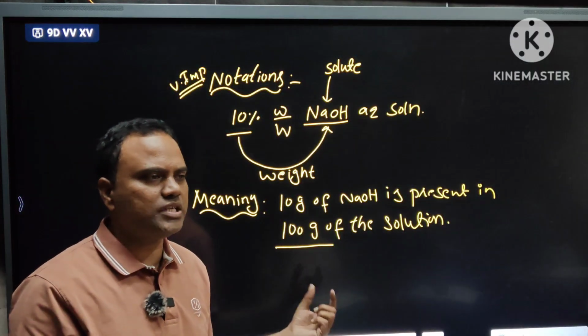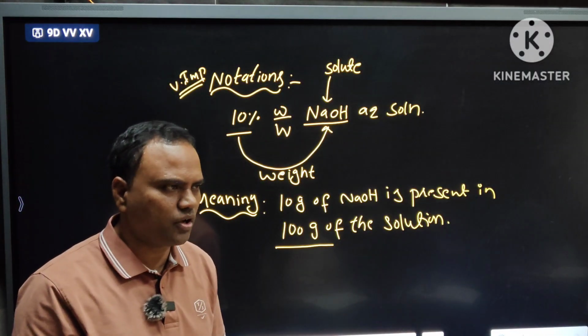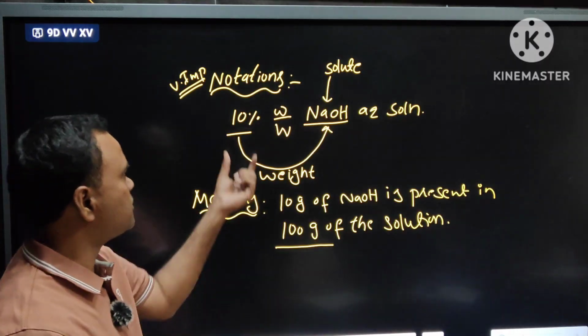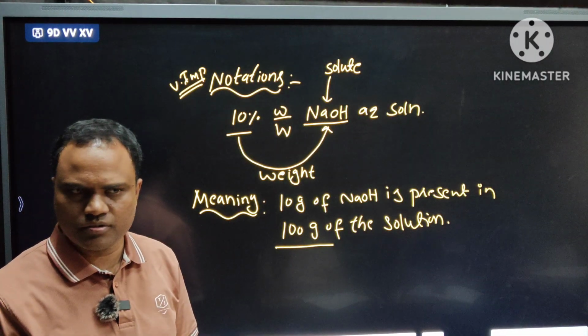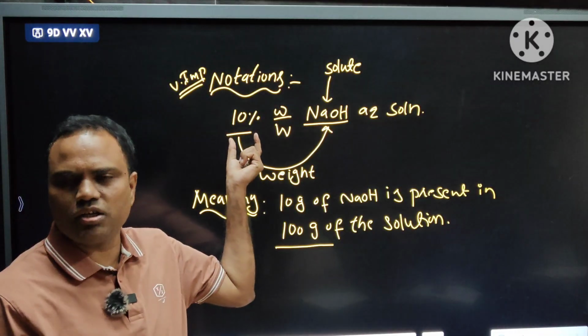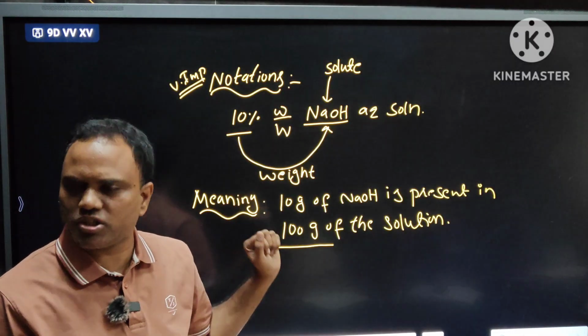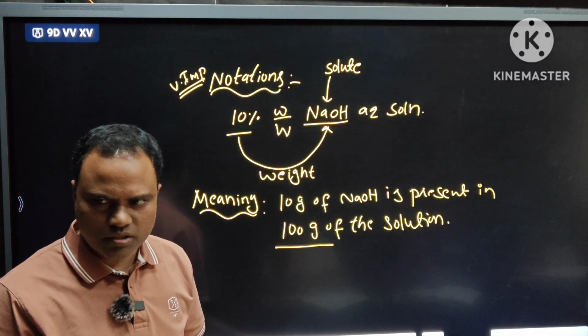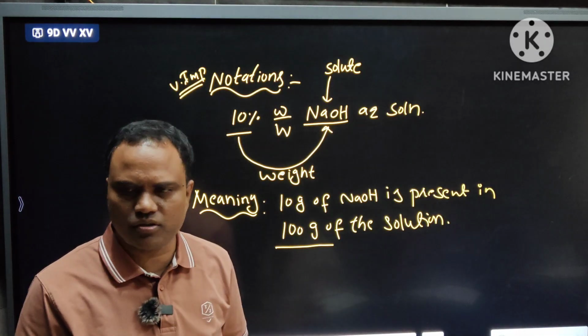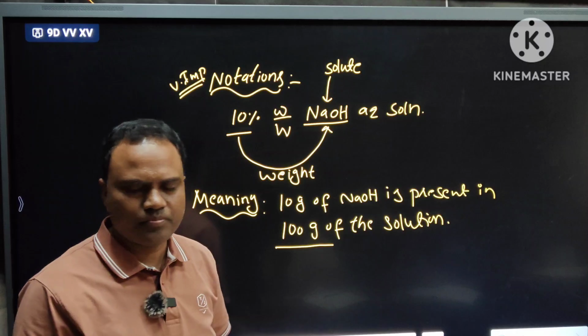The statement always ends with 100 grams, irrespective of the percentage, 20, 30, whatever it may be. For example, 40% W by W NaOH means 40 grams of NaOH in 100 grams of solution. 100 is fixed. Don't change that.